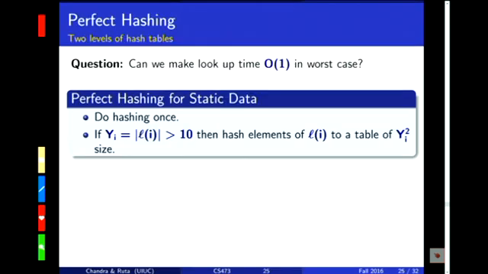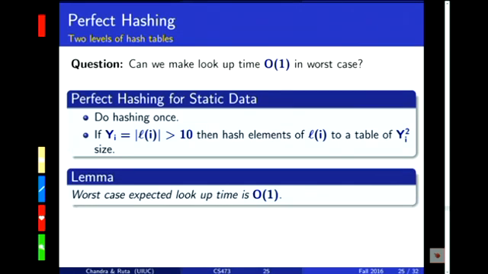So the first lookup goes to the first location, the second lookup goes to the second level, 2 lookups, and then in the second level every linked list size is order 1, so only order 1 lookups in expectation.